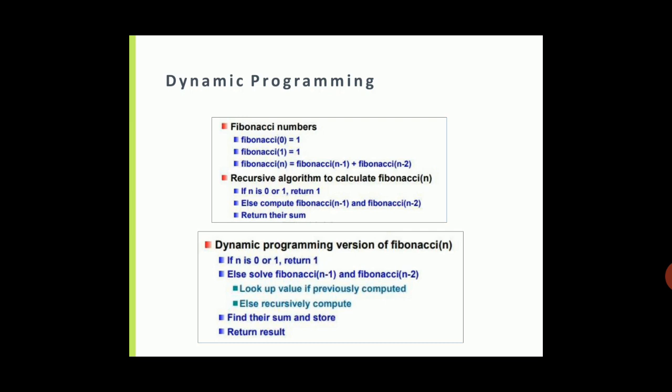But if we apply dynamic programming, then first, if n is 0 or 1, we return 1. Otherwise, we solve for n minus 1 and n minus 2: look up the value if previously computed, else compute recursively, find the sum, and store these values. That means we overlap the function here, store again, and finally find the sum of values. This is one example of dynamic programming.